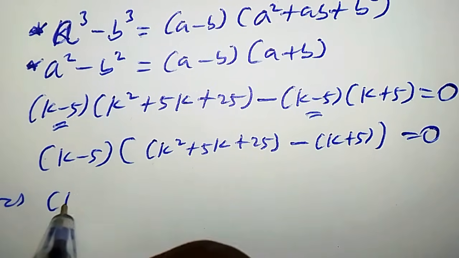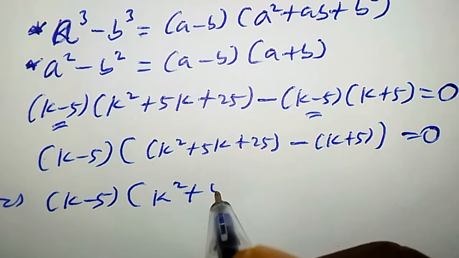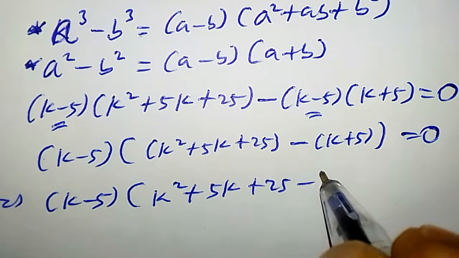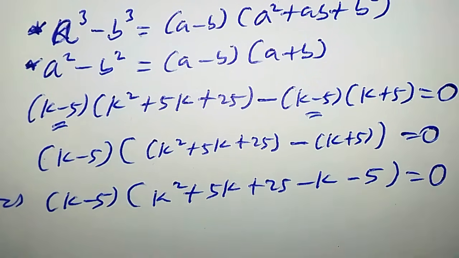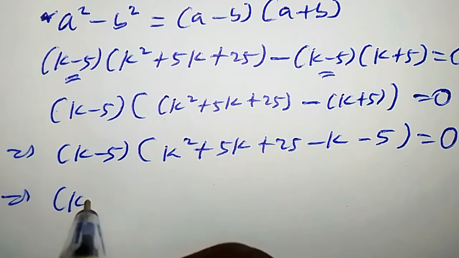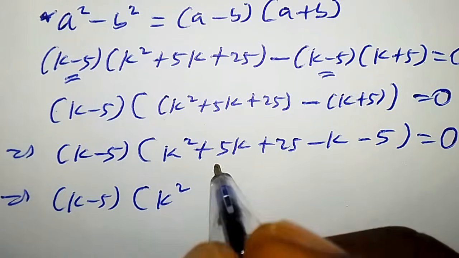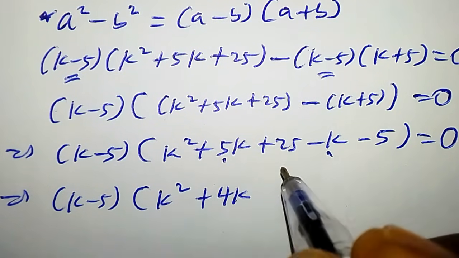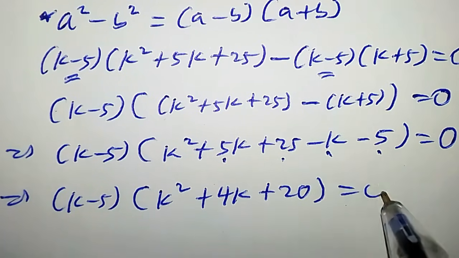So we have K minus 5 times K square plus 5K plus 25 minus times K, that is minus K, minus times 5, that is minus 5, equal to 0. This means that K minus 5 times K square, 5K minus K, that is plus 4K, 25 minus 5, that is plus 20, equal to 0.